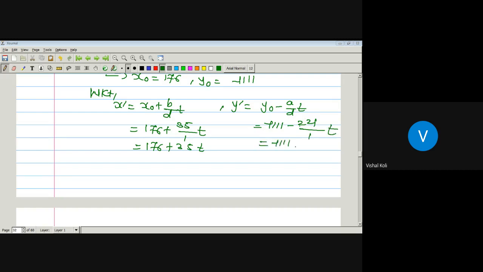So x dash is equal to 176 plus 35t, and y dash is minus 1111 minus 221t. Okay, so these are the required solutions.